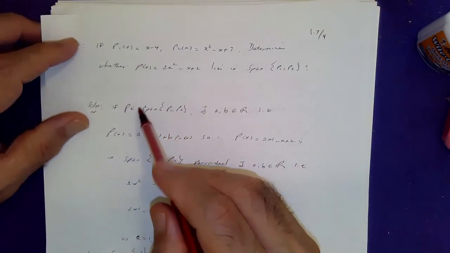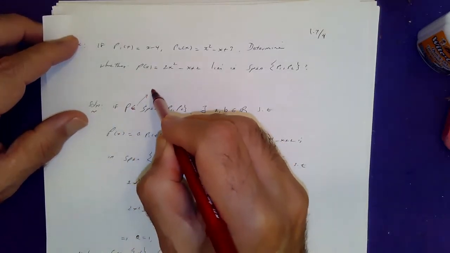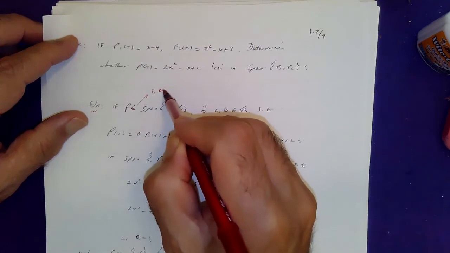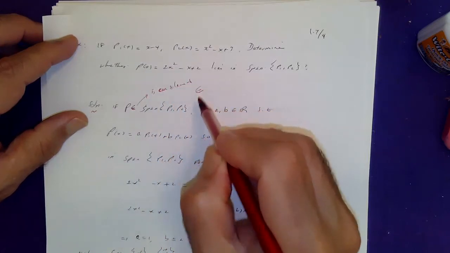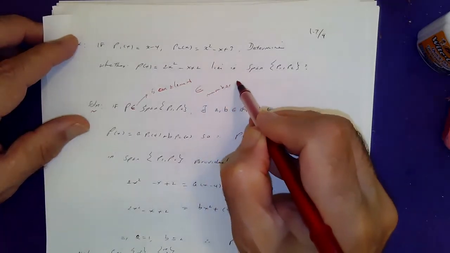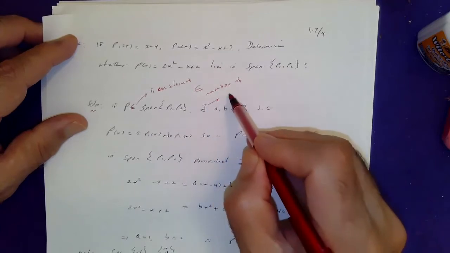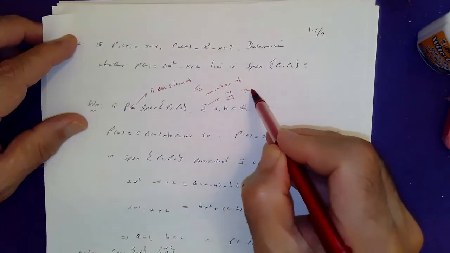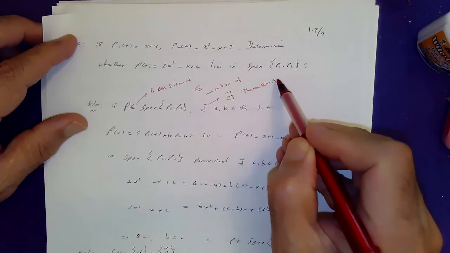So if P is an element of, that's the notation for member of, a spanning set. This notation, a backwards E, means there exists. You know what there exists is, don't you?